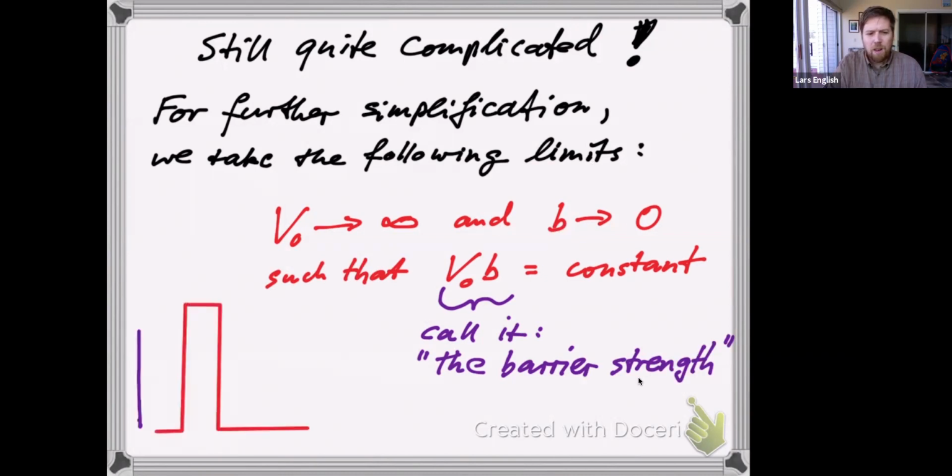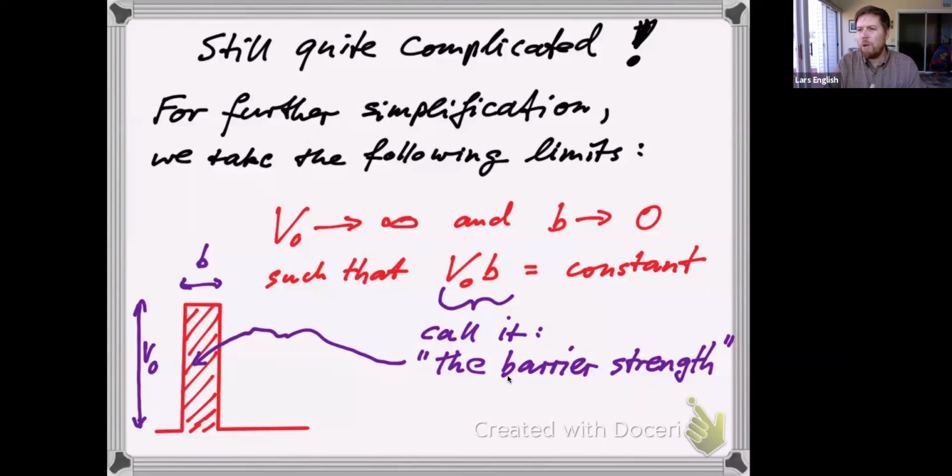So here's our barrier from before, okay? It had a height of V naught and a width of B. We're going to now make it taller and skinnier, but such that the area here will be preserved. So the area is sort of like how strong are these barriers separating the wells.